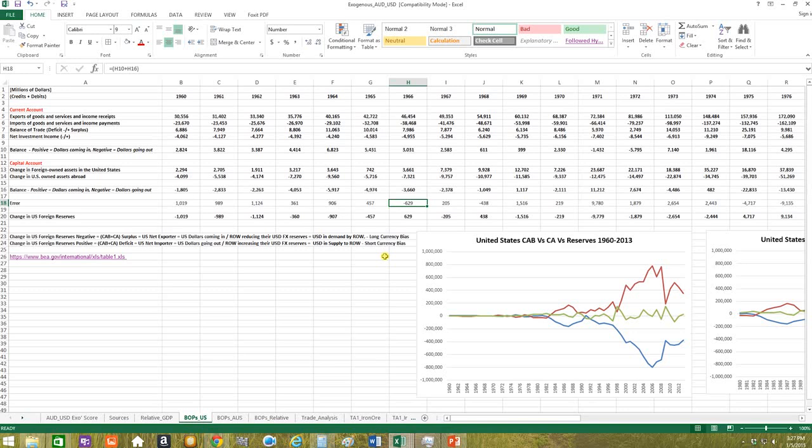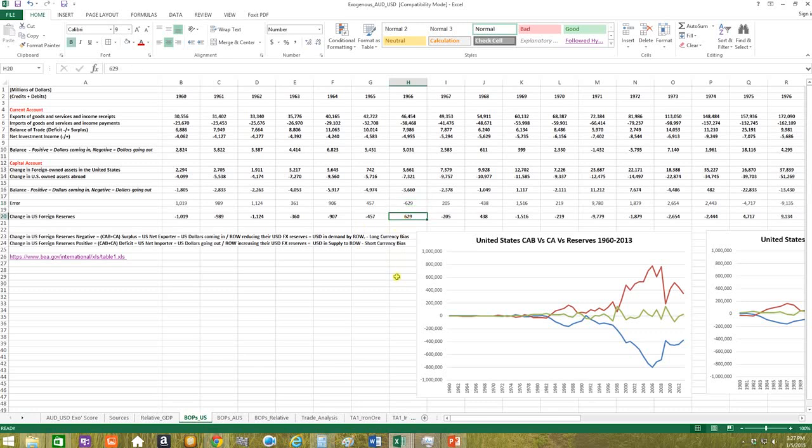And the rest of the world is receiving this $629 billion. It might be across many different countries, but the rest of the world is receiving $629 billion. So their US dollar reserves are going up in value. The rest of the world is being supplied more US dollars.